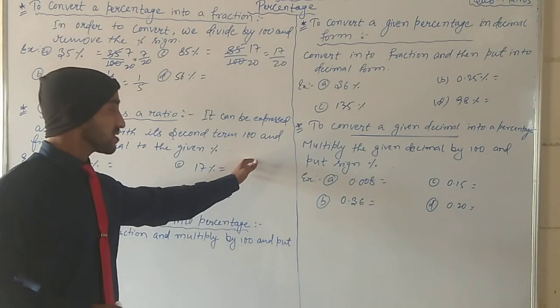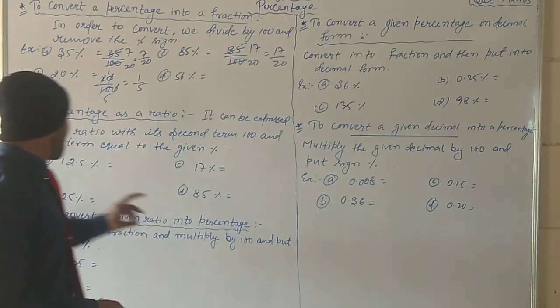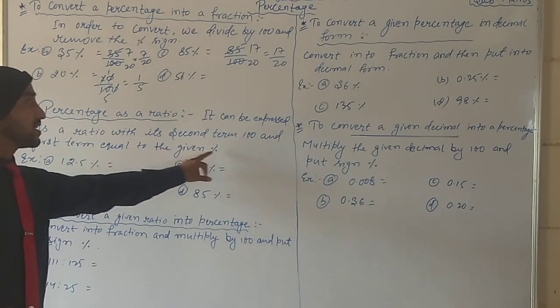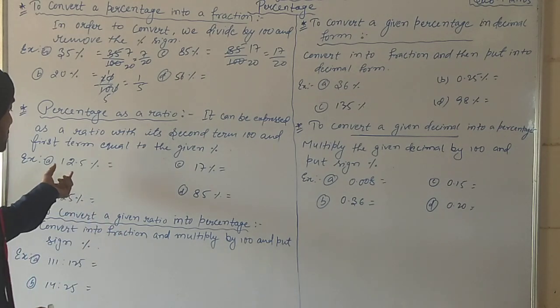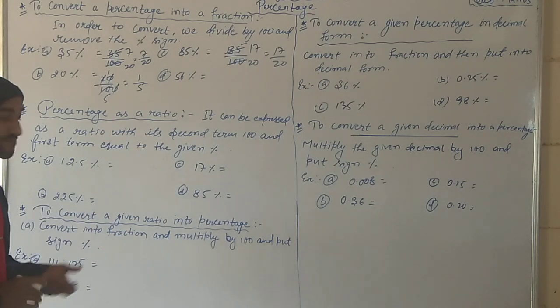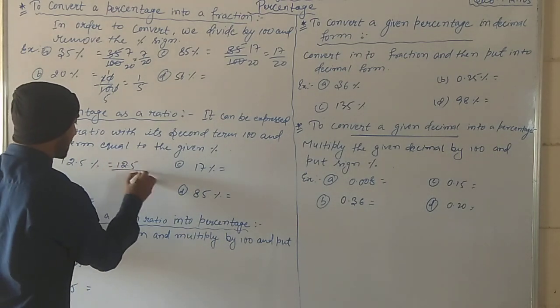Now the question is from where we get 100. The first term is equal to the given percentage, and the second term is 100. Suppose 12.5% is given. Simple: remove the percentage sign, write 12.5, and put 100.